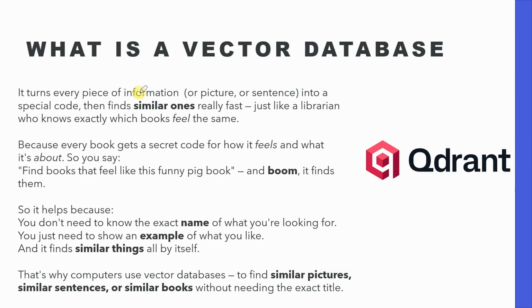So what we'll do now is look at what a vector database is. A vector database is a database which stores information in a special code. Whatever you give it, the text, the picture, the data, it stores in a special code, and that code is called an embedding.